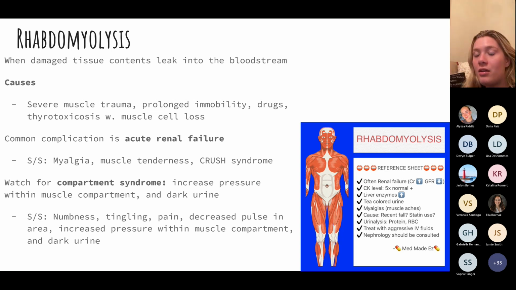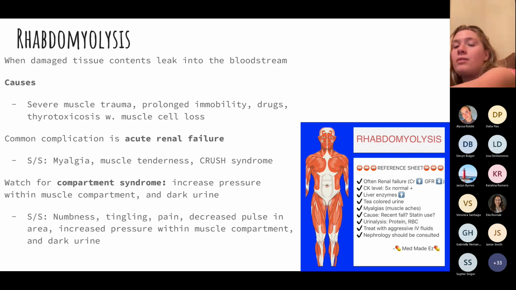Rhabdomyolysis, again, is another issue that's very common in patients that have had massive trauma, or have had surgery on a long bone, multiple bones, or just lots of sprains, strains, all the above. What happens is when the tissue gets damaged, it releases all the tissue contents into the bloodstream, and they begin to build up. As all of these contents leak, what do my kidneys do?